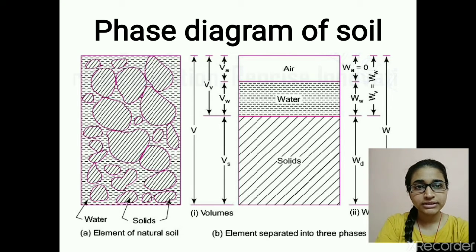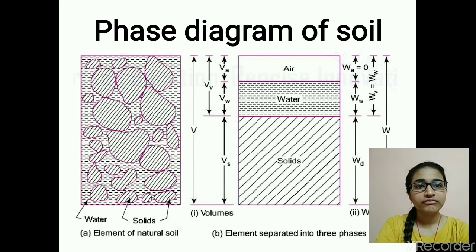We can also see the pore spaces between them, filled either with air or with water. In the figure on the right hand side, the elements are separated into three phases: air, water and solids. We also call this phase diagram a block diagram.